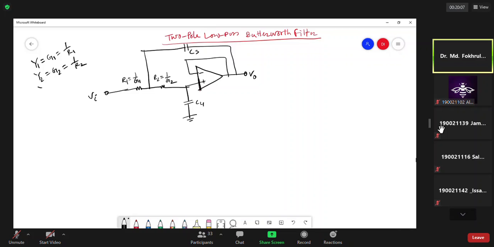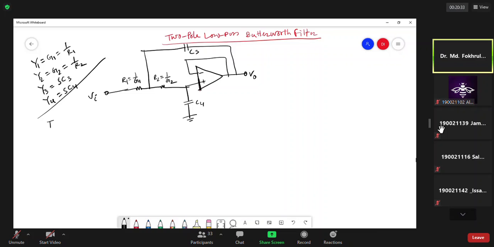And Y3 is equal to SC3. And Y4 is equal to SC4. And then we construct this circuit. So what will be the transfer function?